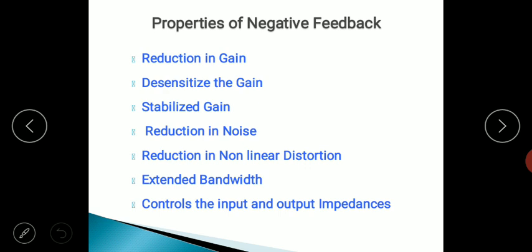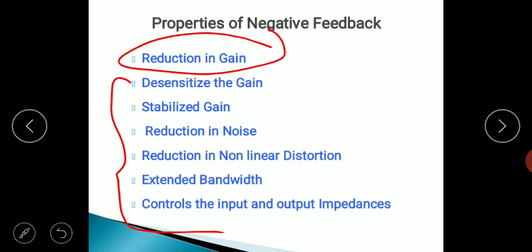So these are the properties of negative feedback, and in fact all these are advantages, obtained at the cost of reduction in gain. Negative feedback decreases the gain, but it has all these other advantages, and that's the reason why negative feedback is used in all amplifiers.